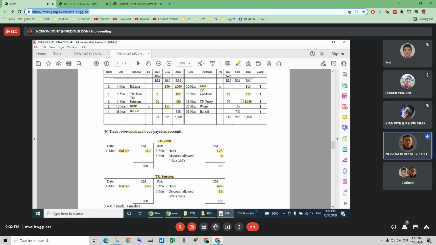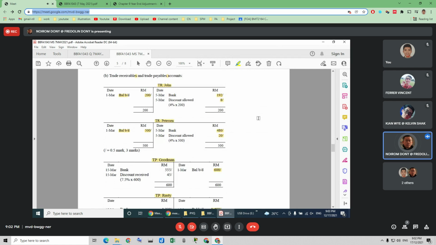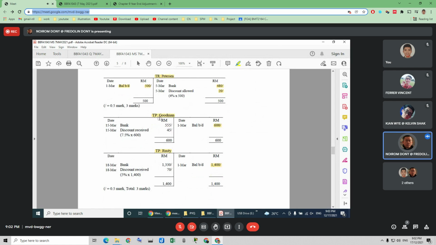And then record the difference, 70, in the discount received column. And make a single entry in Rusty and Goodman, or only Goodman first. So Goodman, 555, and then 45 for the discount received. Okay, this is a single entry.